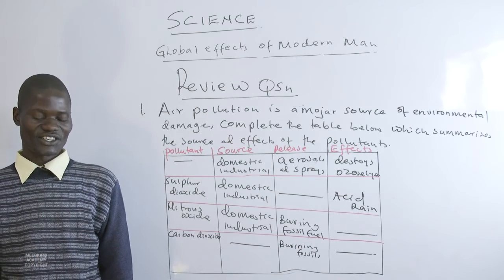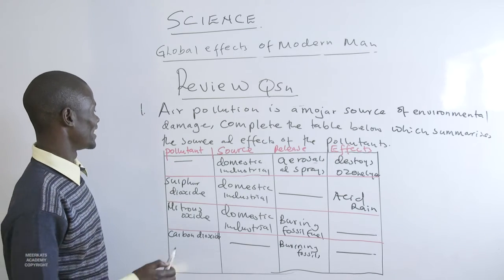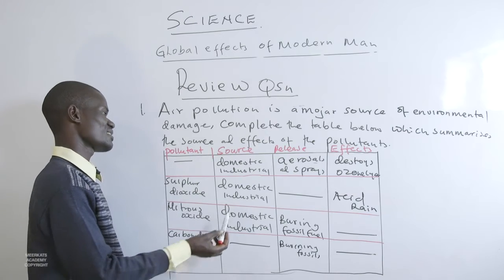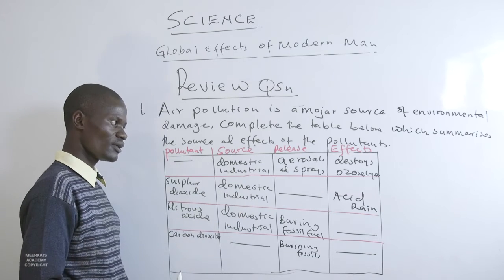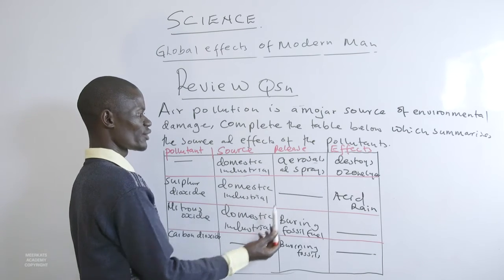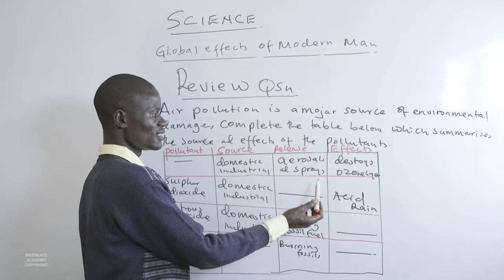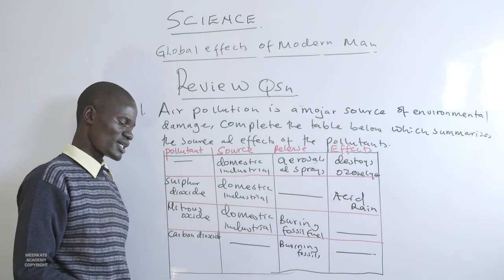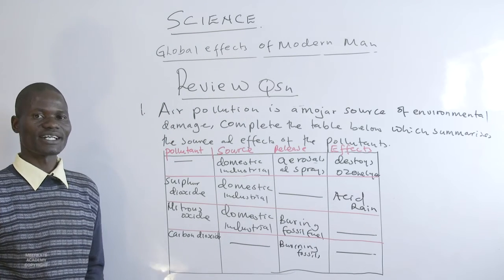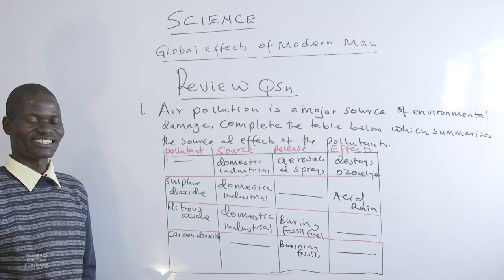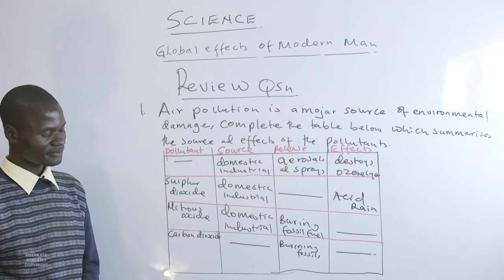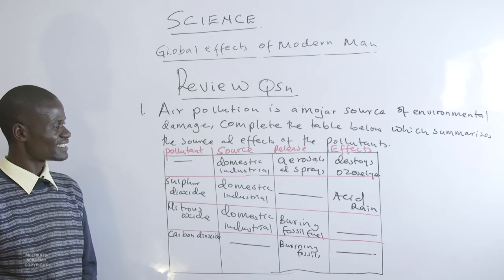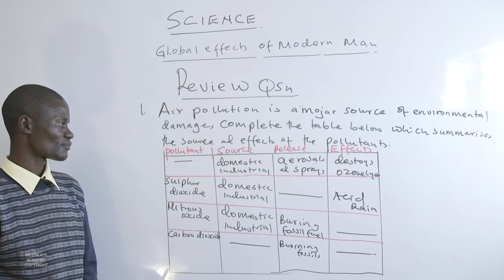What do you think is the pollutant here that is from domestic industrial, and produces aerosols and sprays? It also goes to destroy what we call the ozone layer. You can suggest. Critically, look at it.